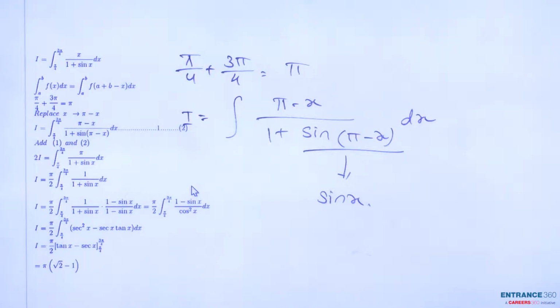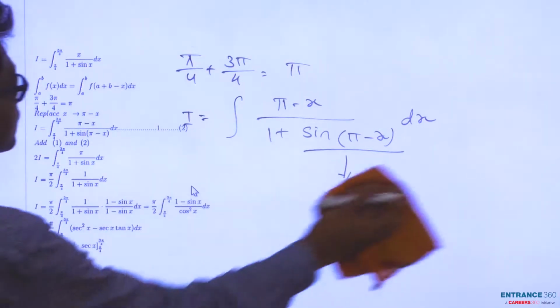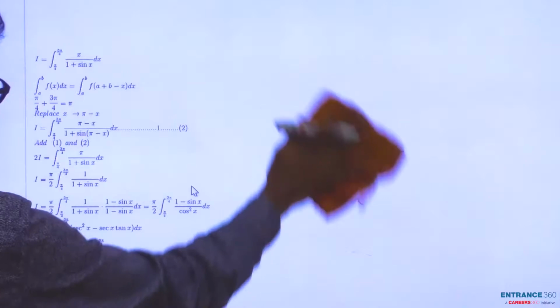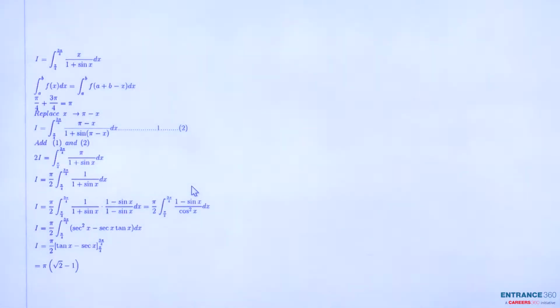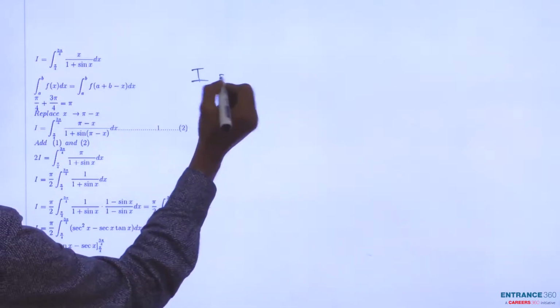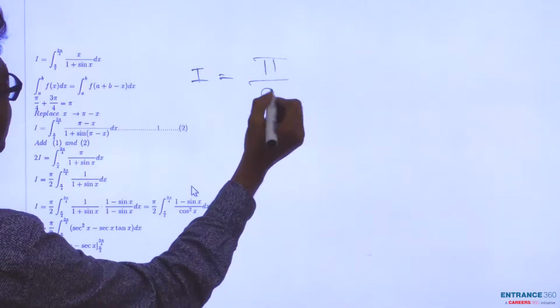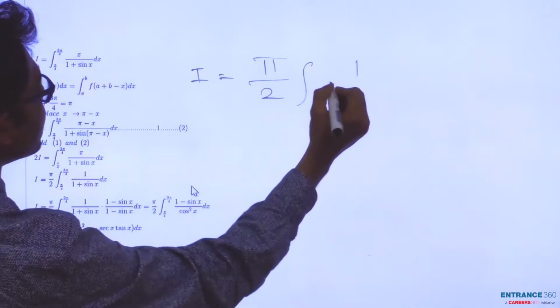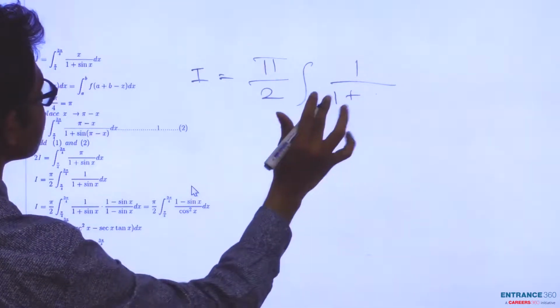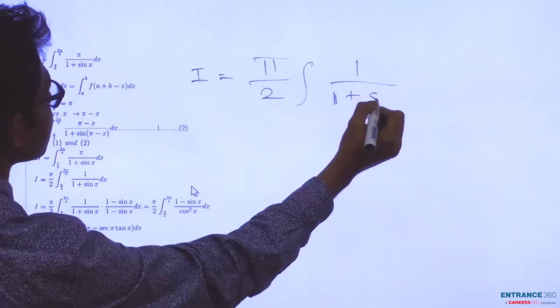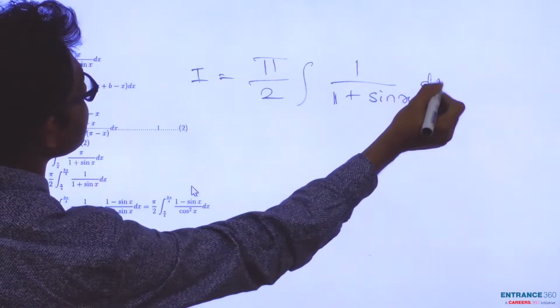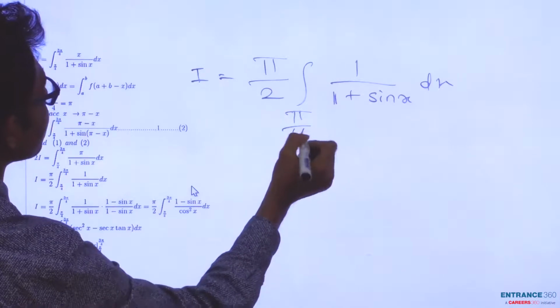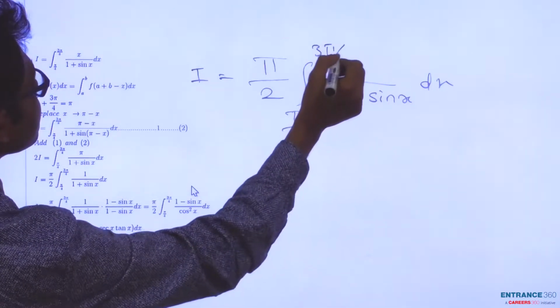Adding both the integrations of I, we get 2I, which is equal to the integration from pi by 4 to 3 pi by 4 of pi divided by 1 plus sin x dx. So I becomes pi by 2 times the integration of 1 divided by 1 plus sin x dx, with limits pi by 4 and 3 pi by 4.